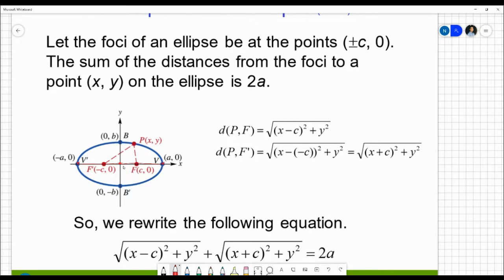Now all I have to do is try to find the distance between them. The c value is always from the center to the foci, just like our parabola. This is our c value.